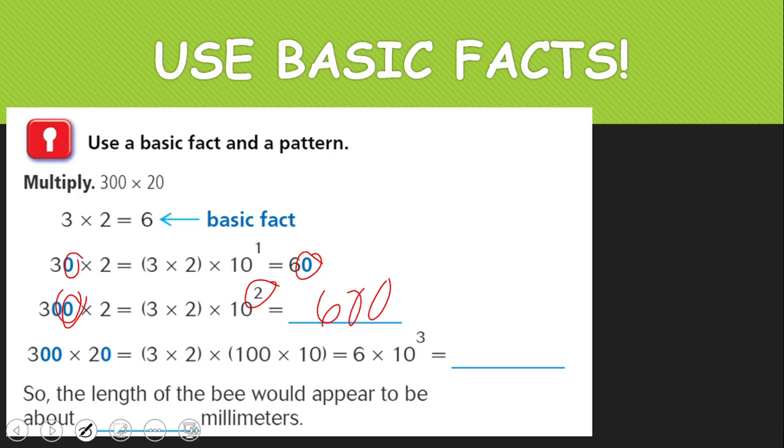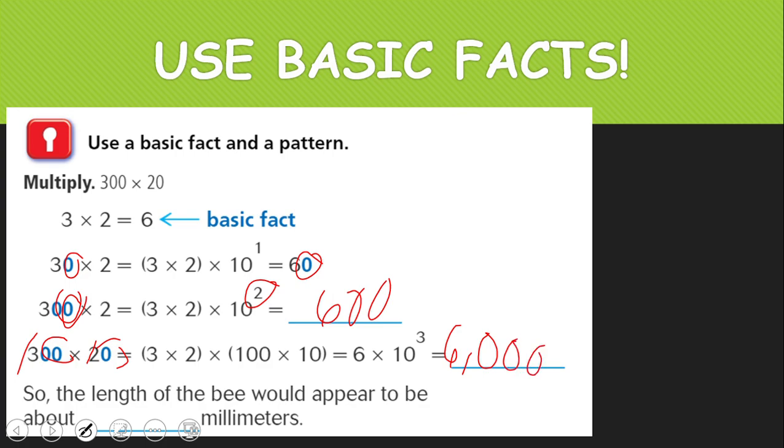Then we have 300 times 20, which is 3 times 2. That's how we use the 3 and the 2. And then 100 times 10 equals 6 times 10 to the third power, which is 6,000.